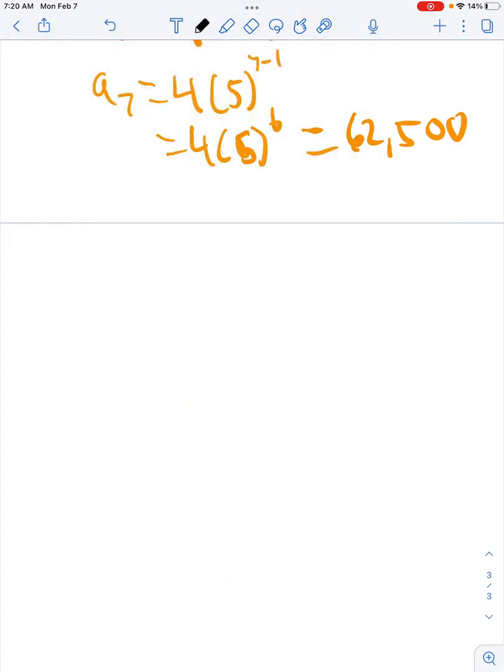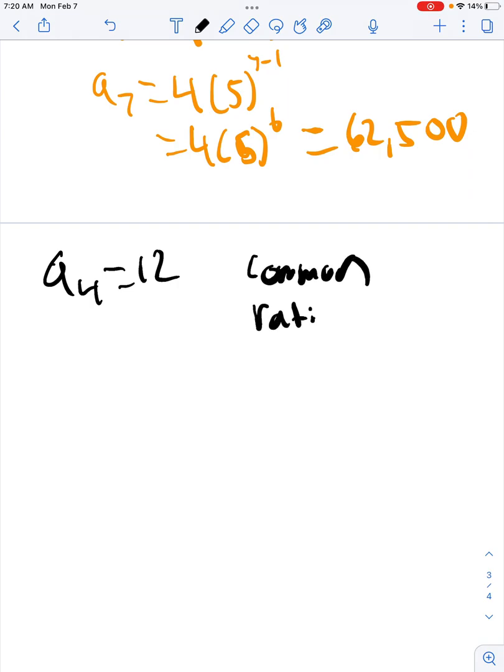Another way you might have this question phrased is write a rule given a term and a common ratio. So I might just say one term of a geometric sequence is a sub 4 equals 12, and the common ratio equals r equals 2. Now, again, I want the first term, so I guess that's the fourth term.